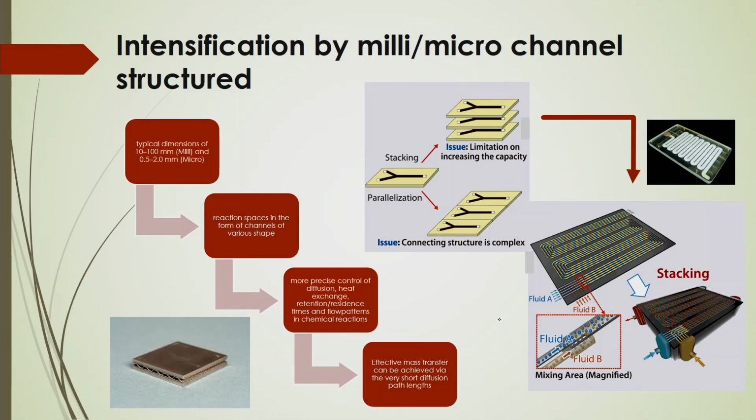In that case, reaction spaces in the form of channels of various shapes can be developed, more precise control of diffusion can be done, heat exchange can be actively obtained, and retention and residence times and flow patterns in chemical reactions can be achieved based on this milli or micro channel structured reactor.